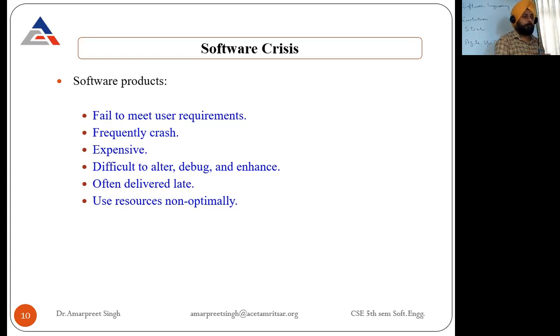If your software is delivered late, this is one of the reasons. It uses resources non-optimally: if we have developed the software and it is not using all the resources allocated to it, then we see that there is a software crisis. So these are the factors which result in the software crisis.